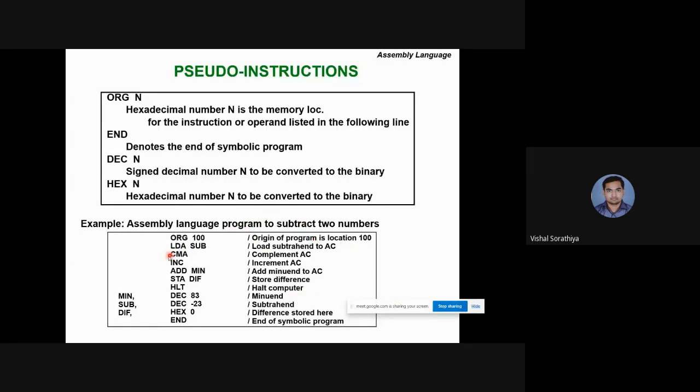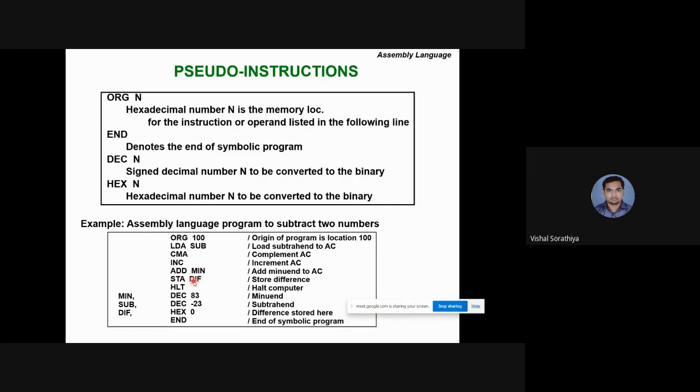This is an assembly language program to subtract two numbers. First it starts with the origin at 100, then load the subtrahend into the accumulator, then complement it, then increment the accumulator, then add the minuend, then STA stores the difference, then halt, then DEC for decimal, the subtrahend, then HEX. So this is the list of the code which says what you are using.